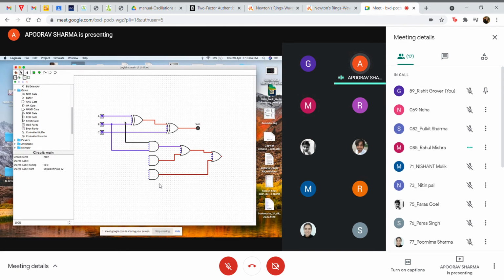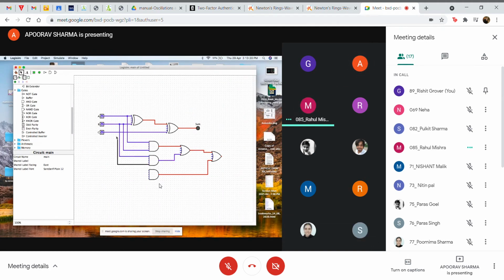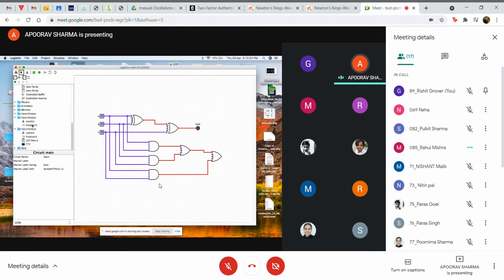I will draw it from A, from B. This is from B and C, and this is from A, and this is from C. And I will use one LED to show the output.